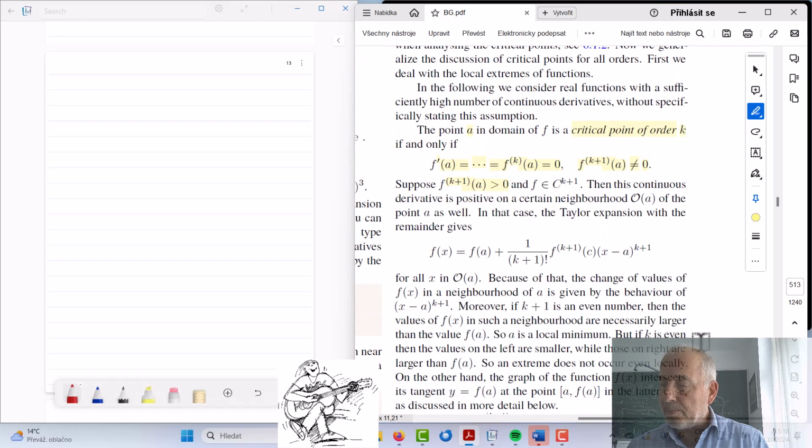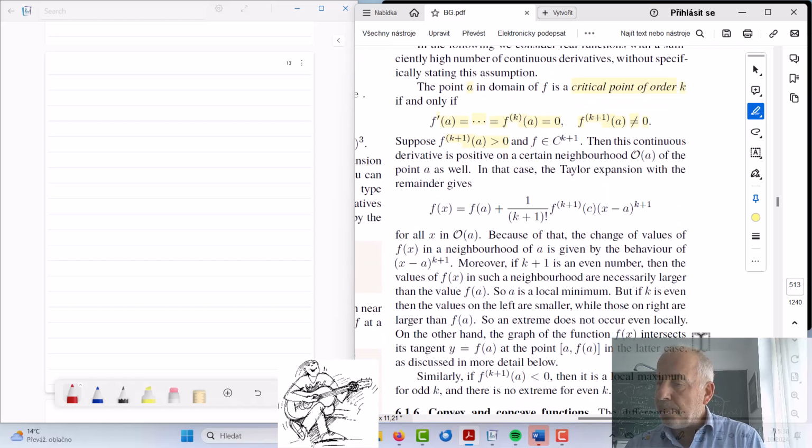So definitely, in that case, we can write down the Taylor expansion with the remainder, of this kind. So we have f at the point x, which is close to a. Let me draw the picture.